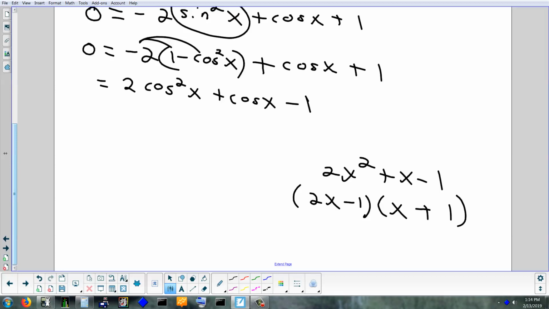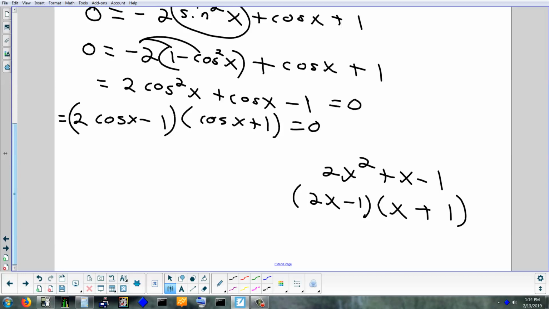But I'm not going to write x. What am I going to put in place of it? Cosine x. So it's 2 cosine x minus 1 times cosine x plus 1. I already have equals 0. Sorry, my equals 0 is over here.